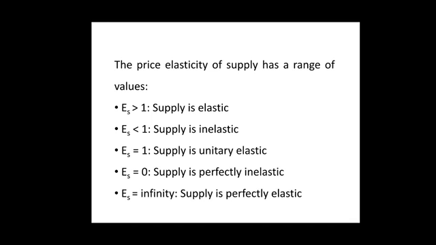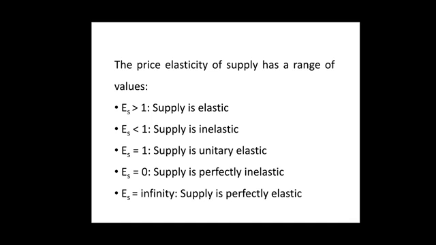Elastic goods are usually viewed as luxurious items. Now coming to the second case of price elasticity of supply, which is elasticity of supply is less than 1. So dear students, when elasticity of supply is less than 1, supply is said to be inelastic, and in this case a given percentage change in price leads to a smaller percentage change in quantity supplied.